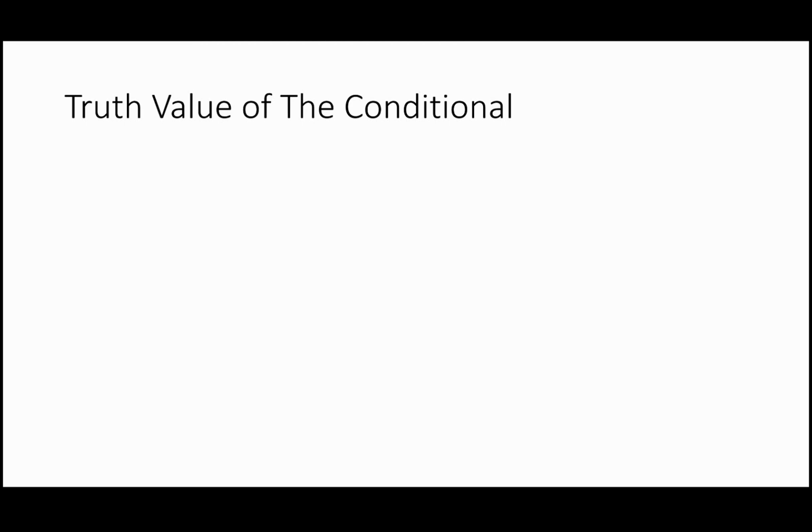Now we're ready to turn the page of your lecture notes, and let's outline the truth value of the conditional. Now this is where it can get a little bit tricky as to being able to understand why the truth values for certain cases of the conditional are the way that they are. Some of them are easy to understand, I feel like, and then there's this one that's a little bit strange.